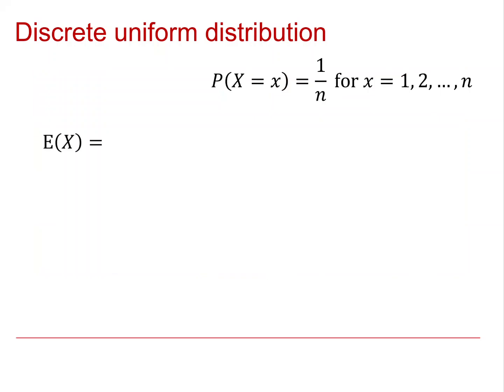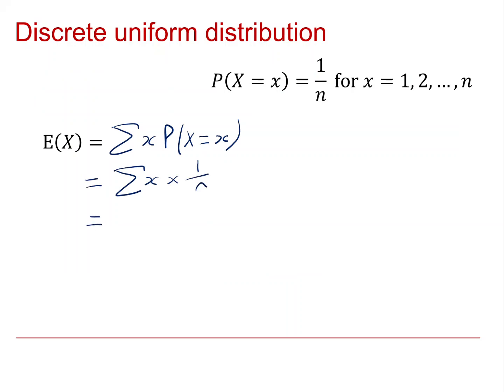So if we wanted to calculate the expected value of x, we know that that is the sum of all the x's times the probability that x is x. So in this case, that is going to be the sum of x times 1 over n. Now that 1 over n is independent of the sum, because our sum will be going from x equals 1 up to n.